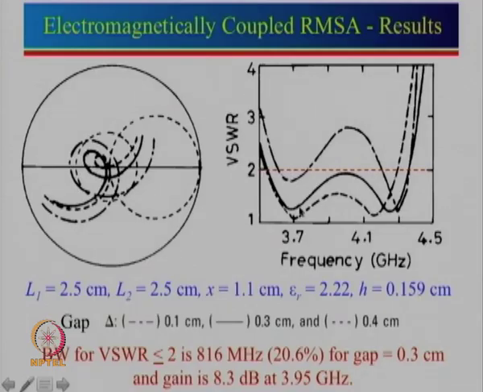One can actually see that this is the response here. So, this loop here, the peak of this, is actually slightly below 1.5. So, many times antennas are required not to have just VSWR less than 2 bandwidth, but sometimes we need VSWR less than 1.5, and I will tell you the reason.